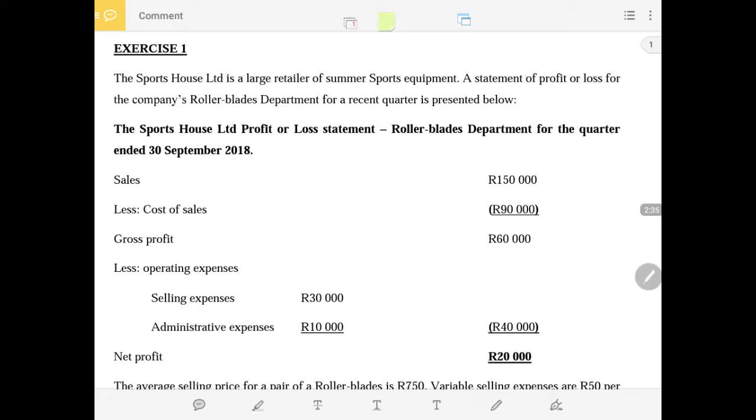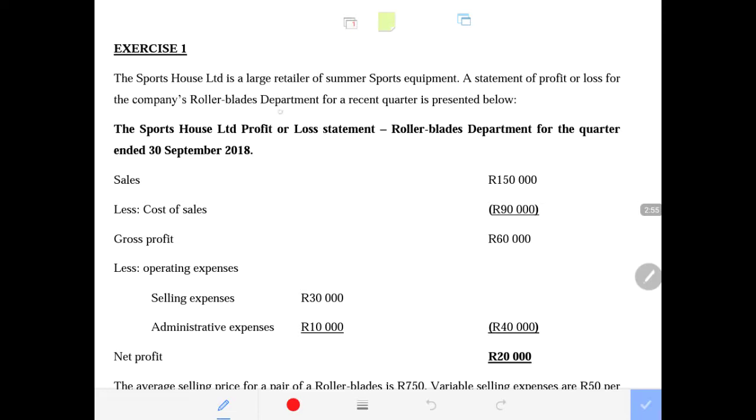Now, this exercise 1 says Sports House Ltd is a large retailer of summer sports equipment, and a statement of profit or loss for the company's roller blades department for a recent quarter is presented below.